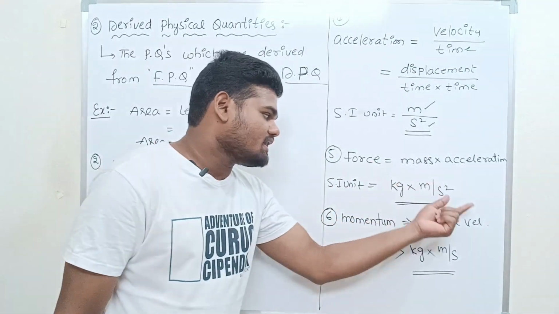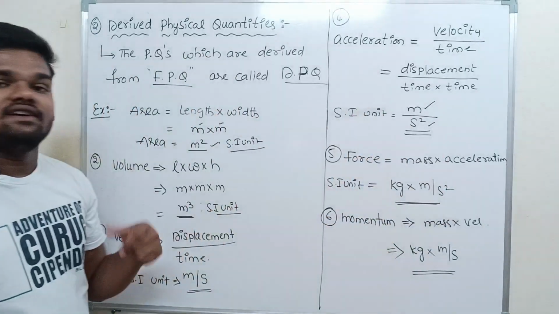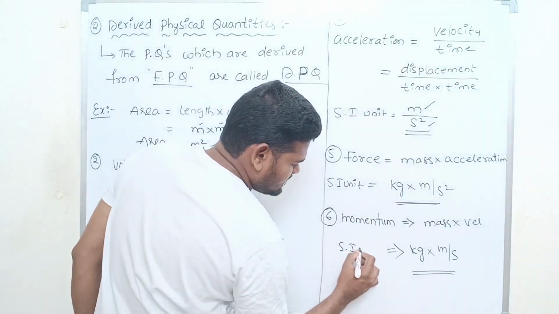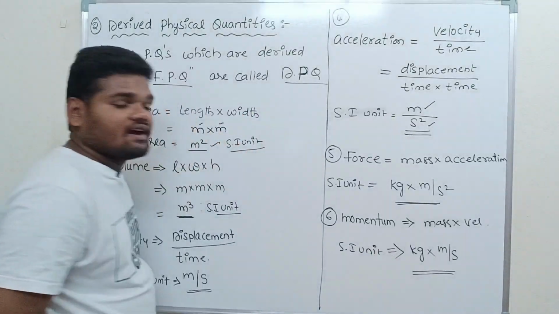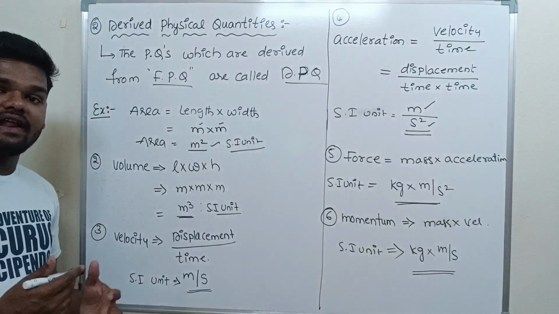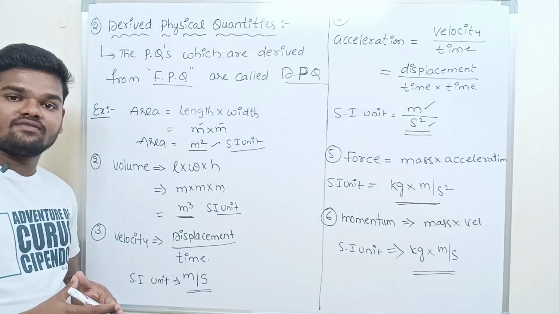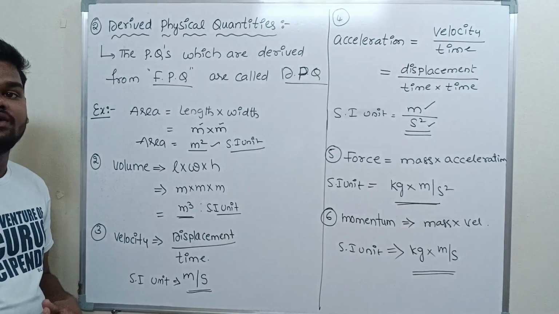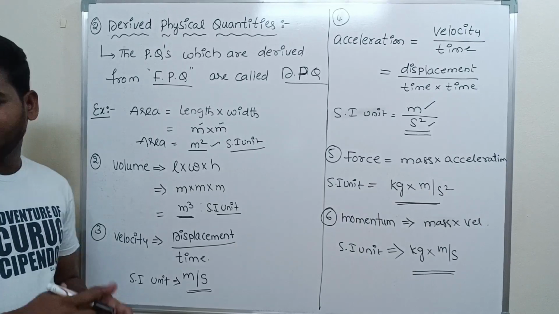So by using the fundamental physical quantities, we can derive the derived physical quantities. Is it clear? This is the SI unit for momentum. Are you getting the difference between fundamental and derived physical quantities? Right. So pause the video, write the notes. 3, 2, 1, go.